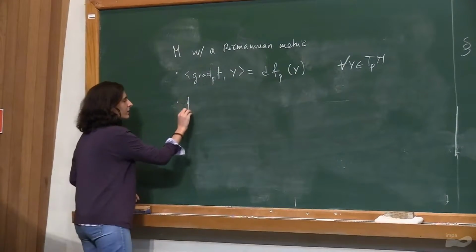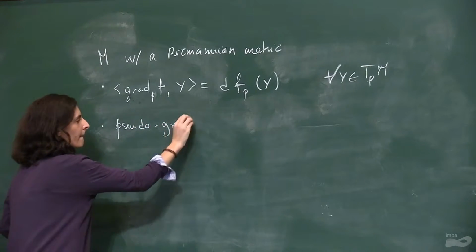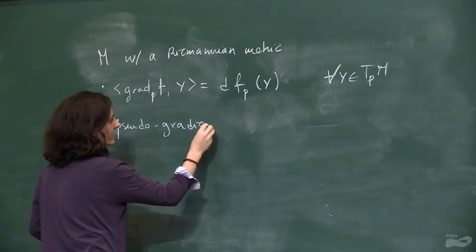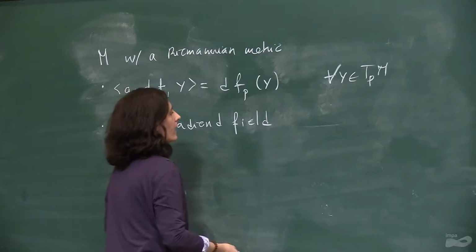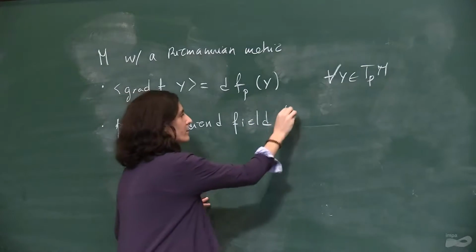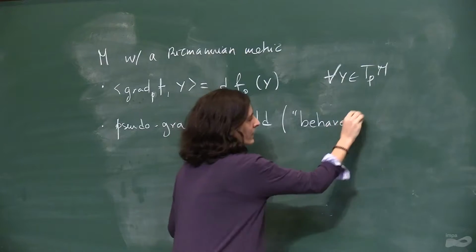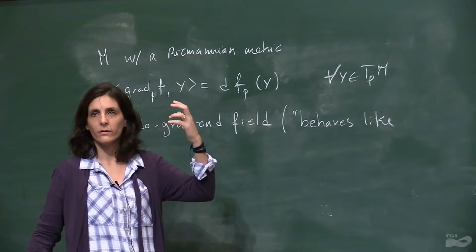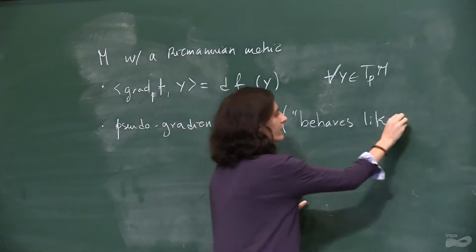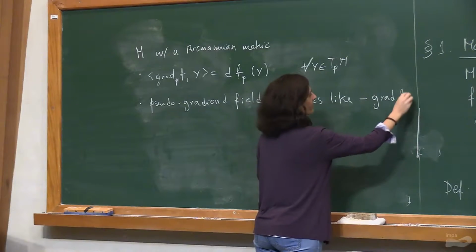And these are called the pseudo-gradient fields. And the idea is it behaves, I'll explain what it means, like, in this case we want to look at the negative gradient, so let me put here negative gradient of f.